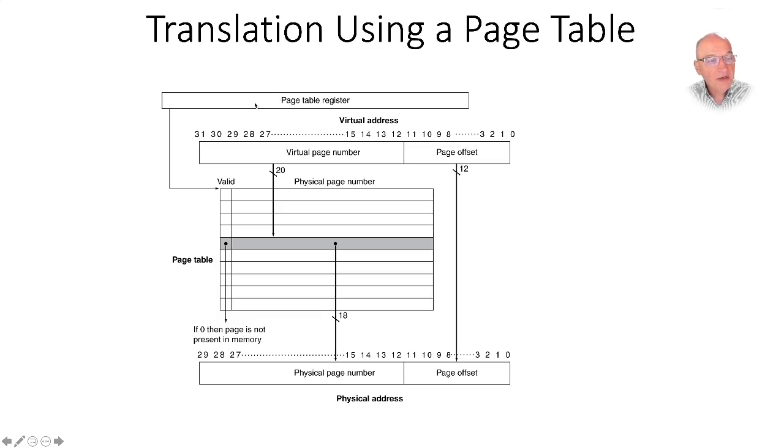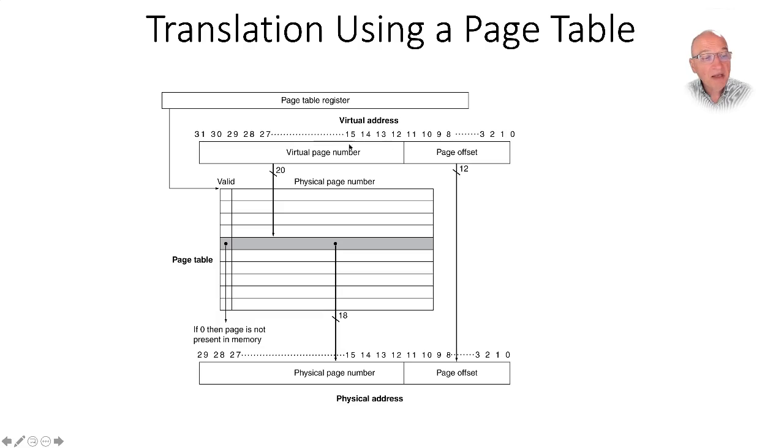There is a page table register that contains the address of the beginning of the page table, and we're going to look at this in more detail for RISC-V in the second part of this lecture. And then I take my virtual address. As I said before, the page offset does not need translation. It's the same in the physical and the virtual address, so it passes directly.